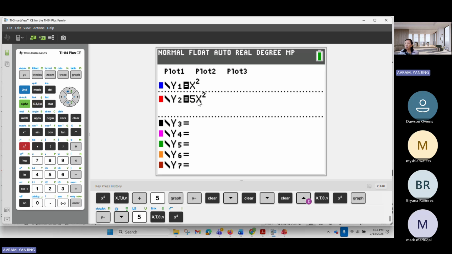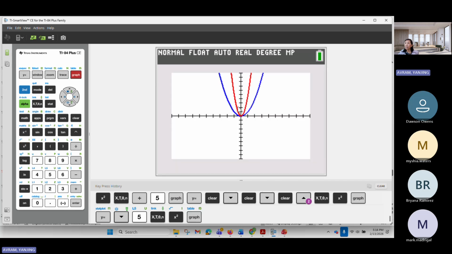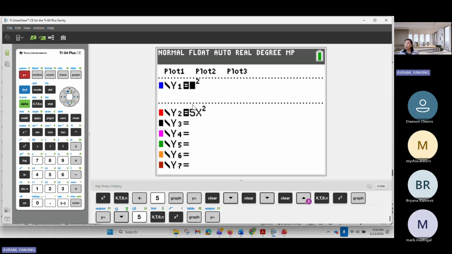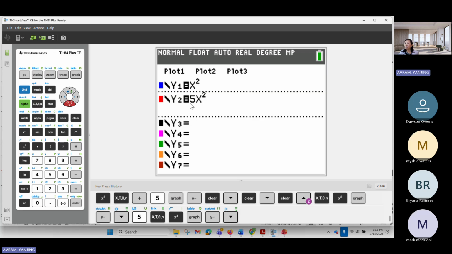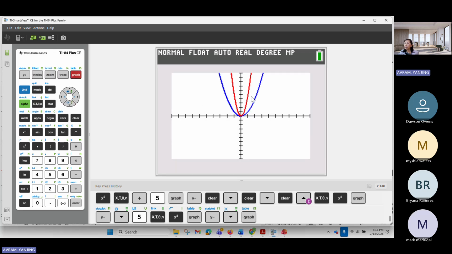Is this 5x squared going to be inside or outside the x squared? Well, actually, it's inside, okay? So look at this one right here. If the x squared coefficient is greater than 1, this is called going up very fast. Okay, going up very fast becomes very narrow.